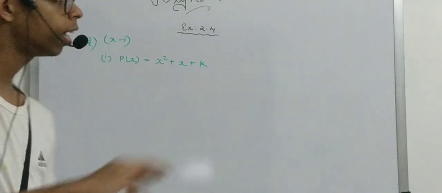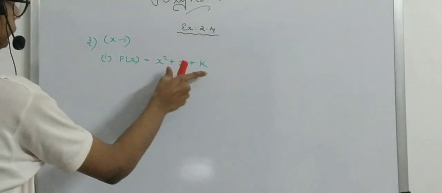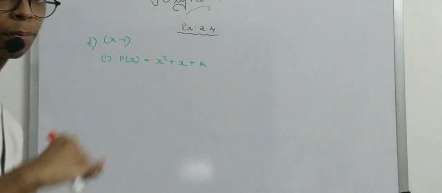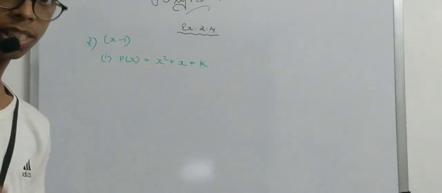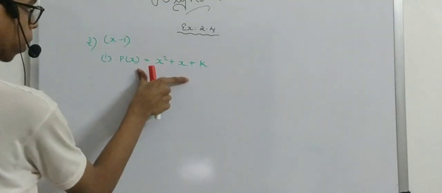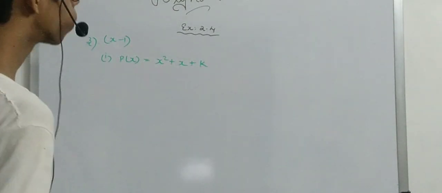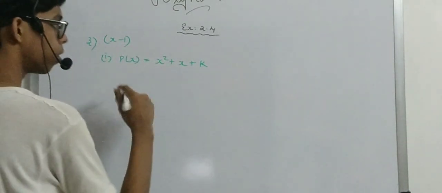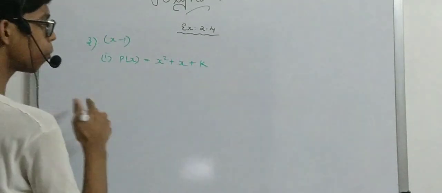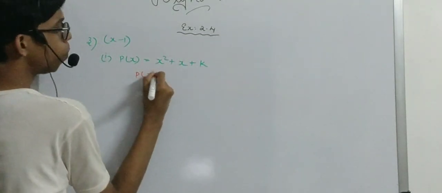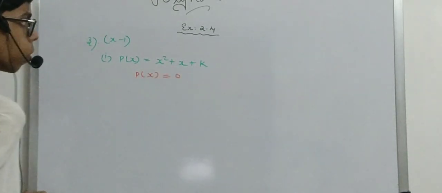What does that mean? It means that x minus 1 and the given polynomial are completely divisible with each other, which means that the remainder of this polynomial will be equal to 0. So since it is already given that it is a factor, we can write p of x is equal to 0.